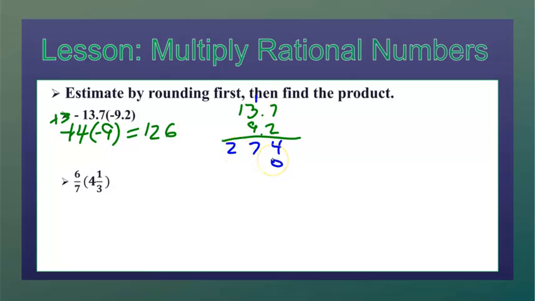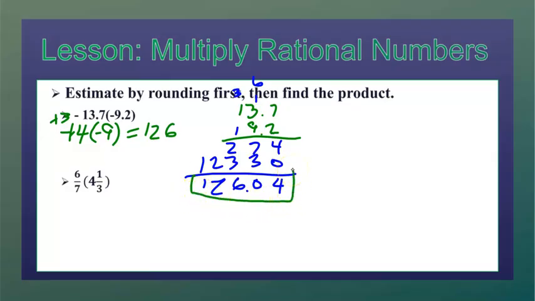Put our 0 down. 9 times 7 is 63. 9 times 3 is 27, plus 6 is 33. 9 times 1 is 9, plus 3 is 12. If I combine, I get 4, 10, this would be 6. And you'll notice I have 2 decimal places in my problem, so I have 2 in my answer. So that's how we would get 126.04.